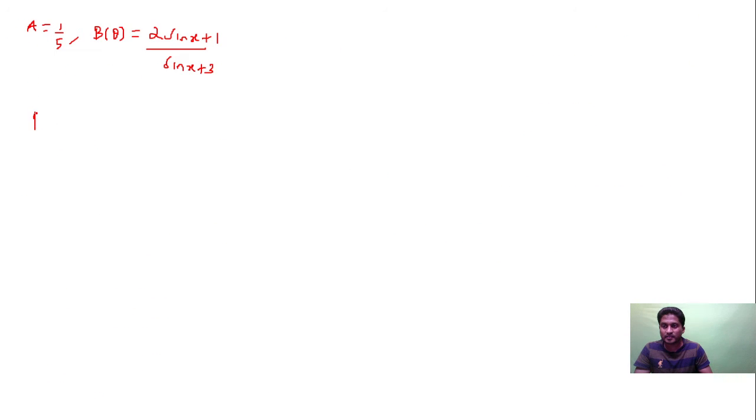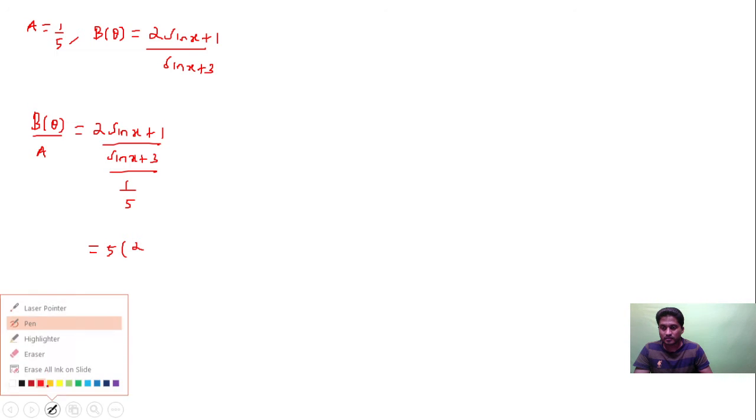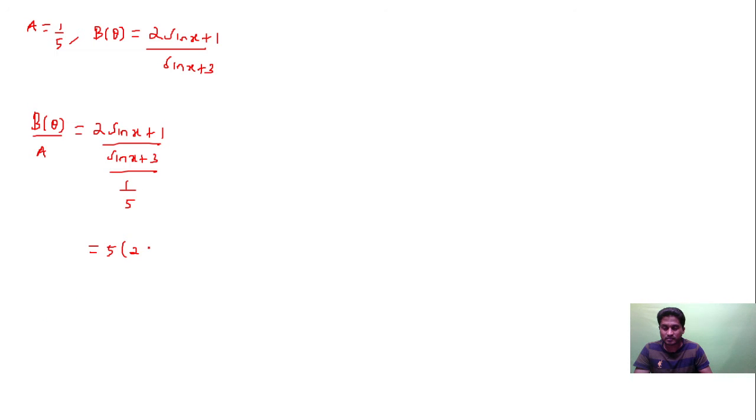So b of theta upon a will be equal to 2 sin x plus 1 upon sin x plus 3, and whole divided by 1 by 5. So this goes to numerator. You will get 5 into 2 sin x plus 1 divided by sin x plus 3. Okay, that's the answer, guys.